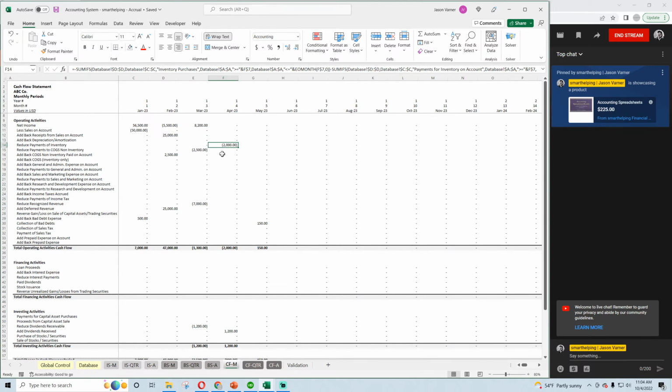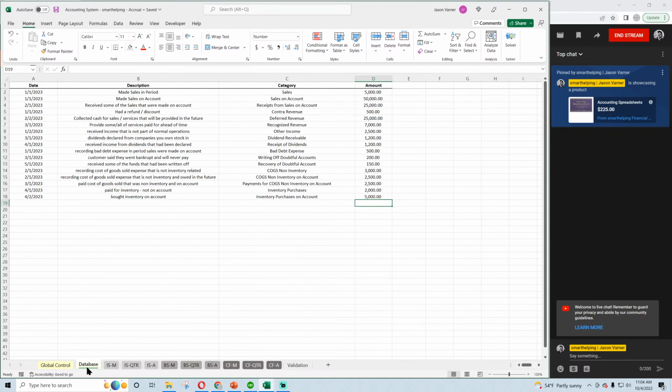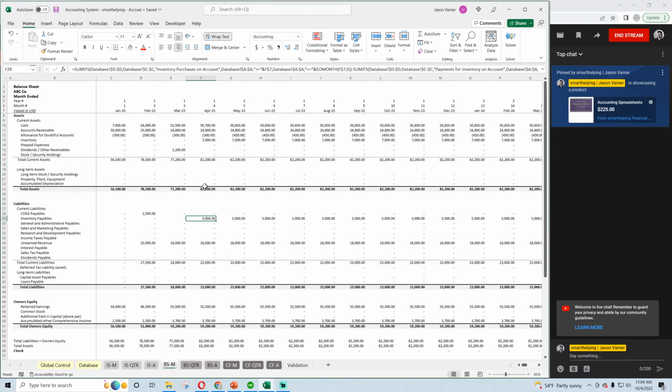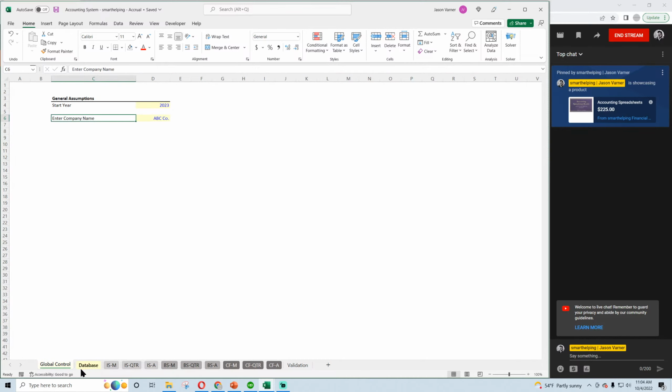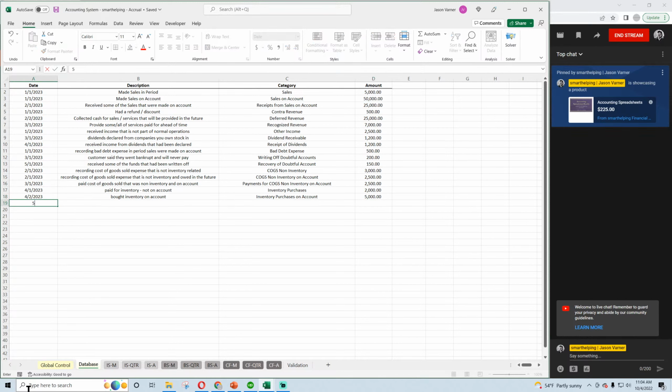Only when we paid it directly. So all that's happening, let's see, inventory is going up here and then the liability is going up. So it's just affecting the balance sheet. Here it's going up and this is going up, these two. That's all that's happening.